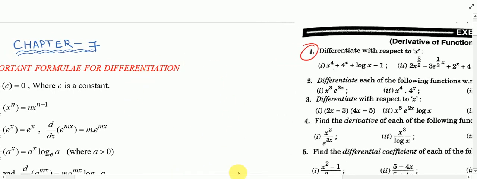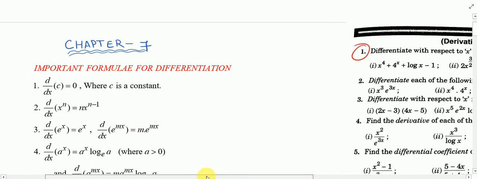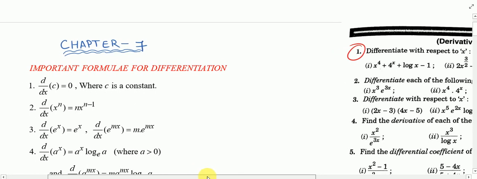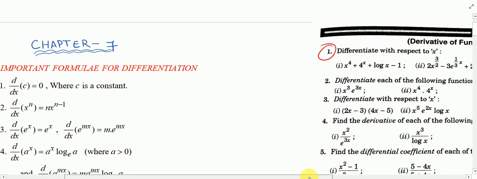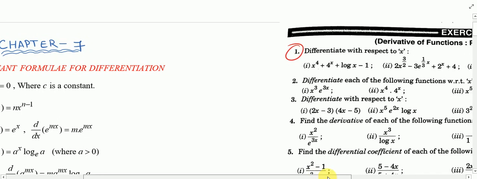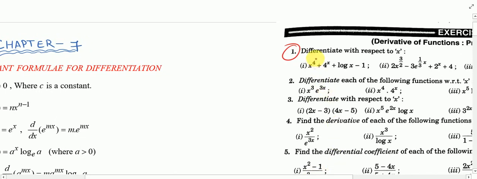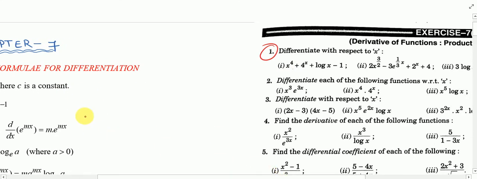But when we were looking at the formulas, we didn't have any formula which involves these types of terms all together collectively. So what we have to do is write them separately while differentiating, and then use those formulas. See how we are going to do this.